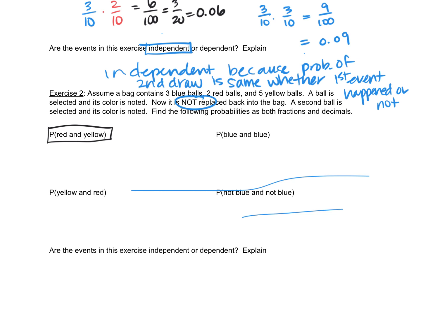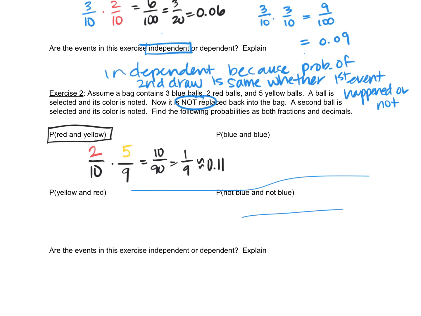So if we think about the red one, there are 2, and so the probability of getting that is going to be 2 out of 10. But next we want to get a yellow one, which is going to be 5, but because we didn't replace the last marble, it's only out of 9 possibilities. So this is going to be 10 out of 90, which is 1/9. As a decimal, that would be 0.111, so we'll say 0.11.